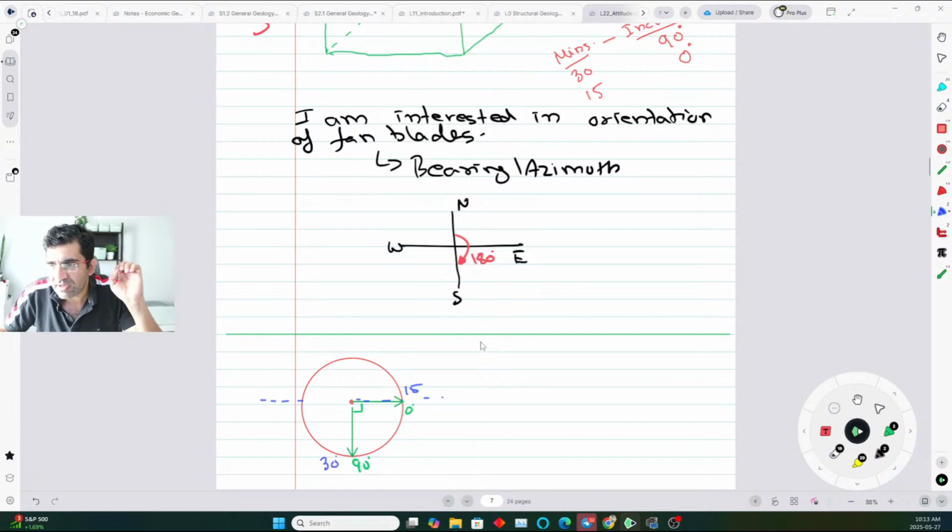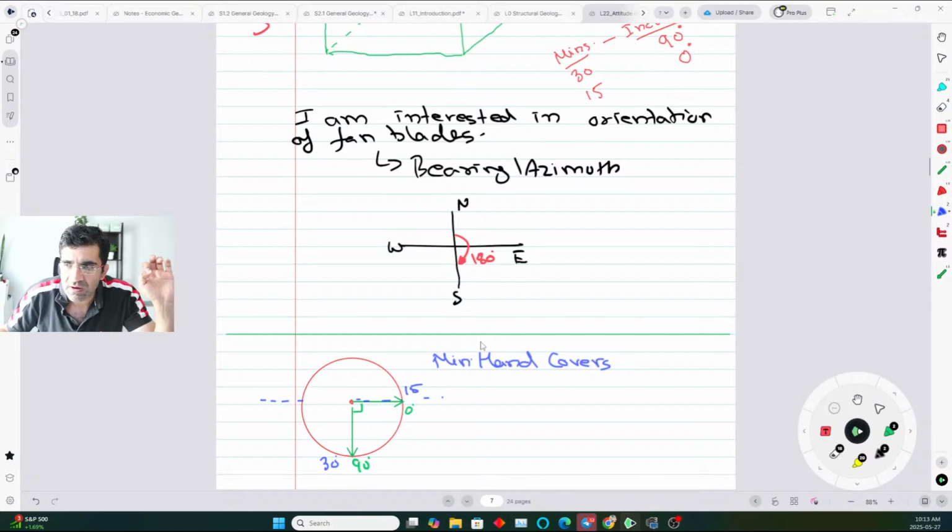So the minute hand covers 90 degrees in 15 minutes.